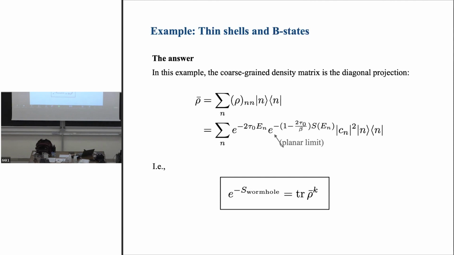There's an entropic enhancement in this sum from the number of states that you're summing over, but that doesn't pick up any k dependence. There's just one overall e to the S, even if you raise this to the k. These weighting factors are exponential suppressions and will get raised to the kth power. So eventually, if k is large enough, the semi-classical contribution will just disappear. Okay, and with this choice of coarse grained density matrix, you match the wormhole.